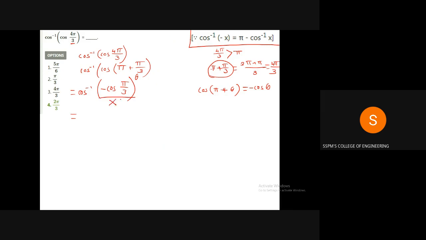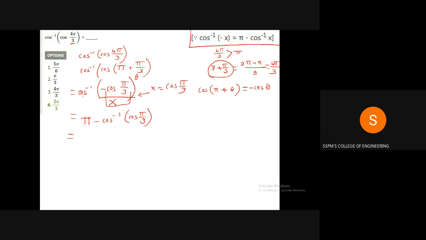So cos inverse of minus x is pi minus cos inverse of x. What is the value of x? Suppose x is cos pi by 3. So cos inverse of minus cos pi by 3 is pi minus cos inverse of cos pi by 3.